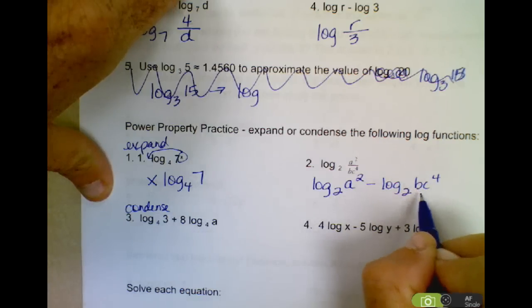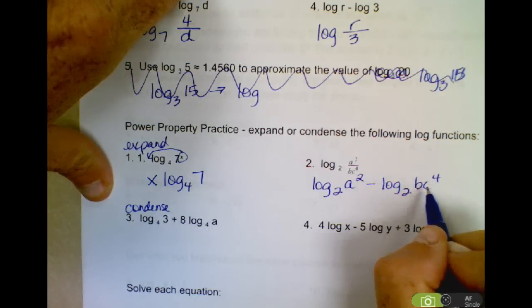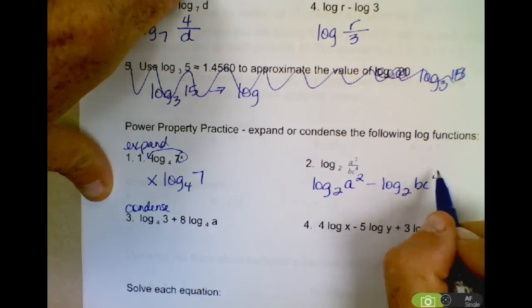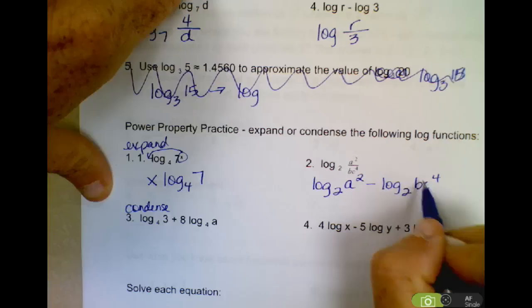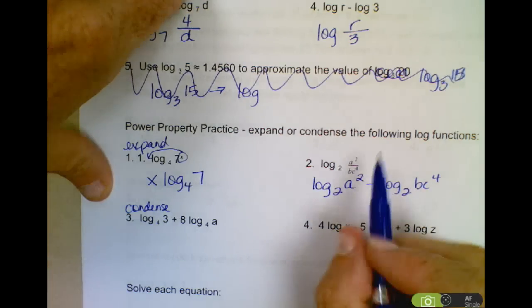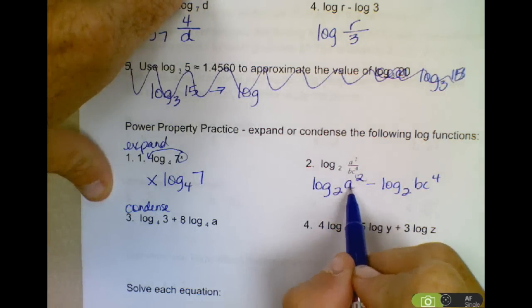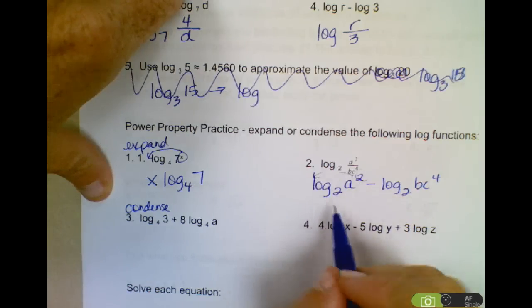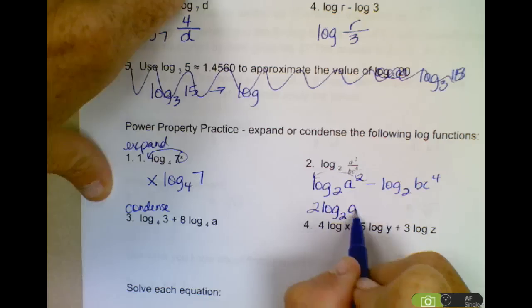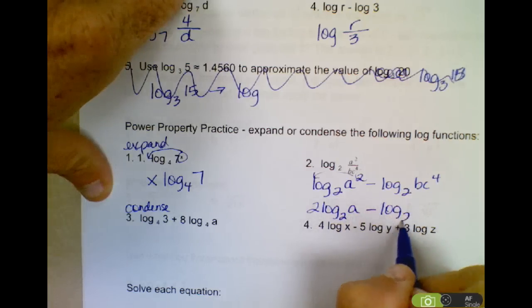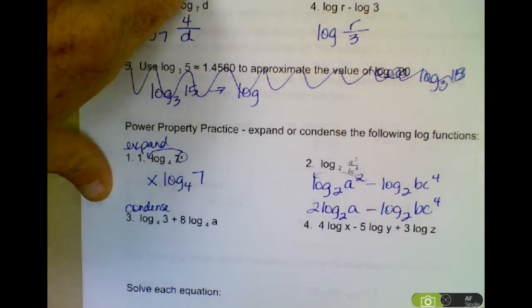But now there's no parentheses around that, so that c to the 4th only applies to that c. In order for us to move that out to the front, we would need that to be in parentheses, and it's not. This one's actually going to stay just like it is. However, this 2 applies to that a, so it's going to come out to the front. So you get 2 log base 2 of a minus the log base 2 of bc to the 4th.